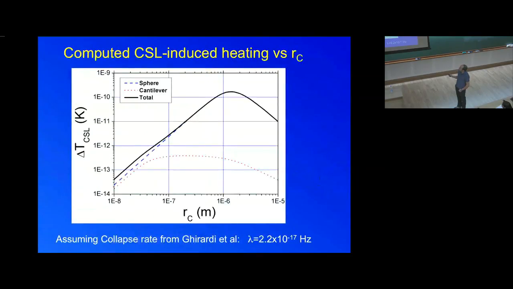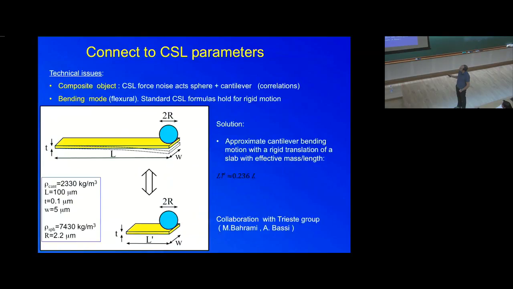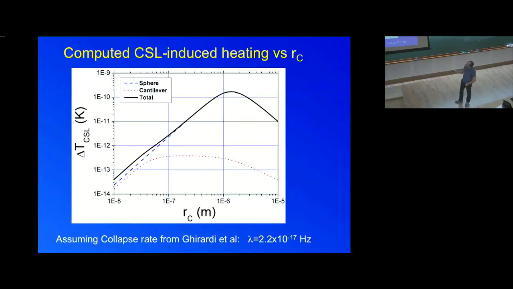So this was the answer. We calculate the heating as a function of the RC, from the model, and we get this curve. Here we have two contributions, one from the sphere and the other from the cantilever.